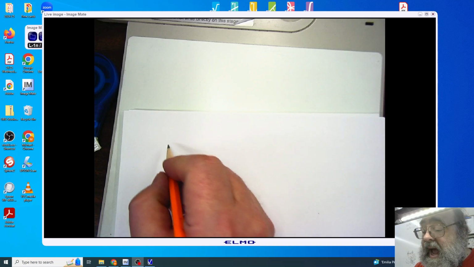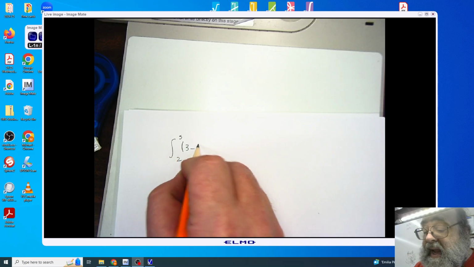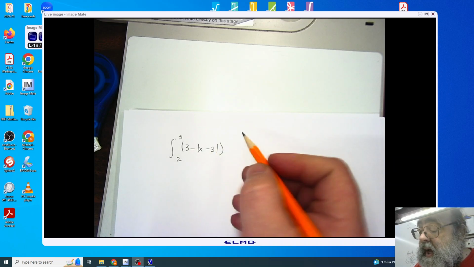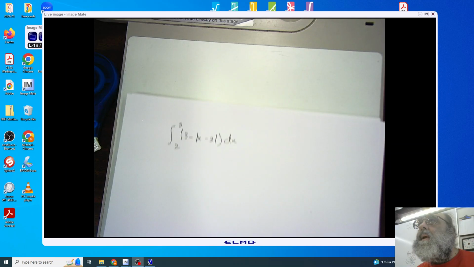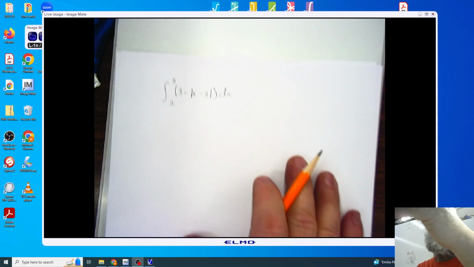Number 5 is the integral from 2 to 5 of the absolute value of 3 minus the absolute value of x minus 3, the quantity, dx. Now, there are two different types. We have graphing, and a lot of people find that graphing is the easier of the two processes.